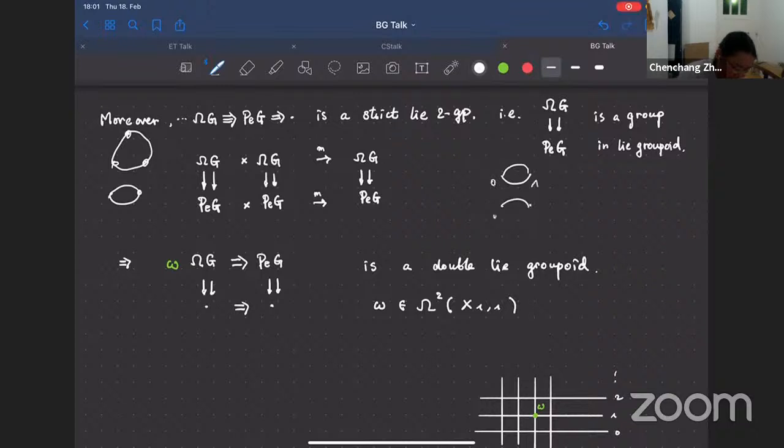0, 1, 0, 1, and well, the direction goes that way. Then this is the identity, the path starts at the identity, right? So that's how the groupoid is.